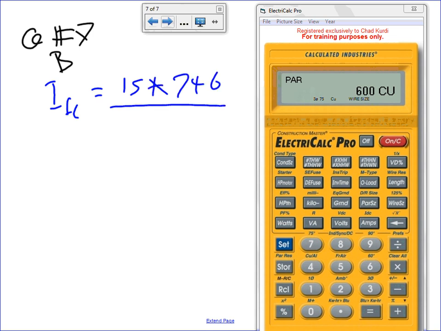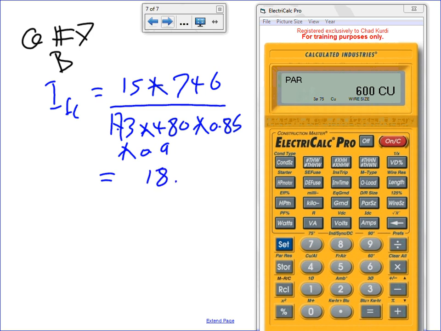And the voltage is 3-phase, 1.73 times 480. I'm writing the formula right away, guys. Times efficiency, which is 0.85, and power factor is 0.9. And if you did this, you should end up with 18 amps give or take. 18 amps give or take, right?